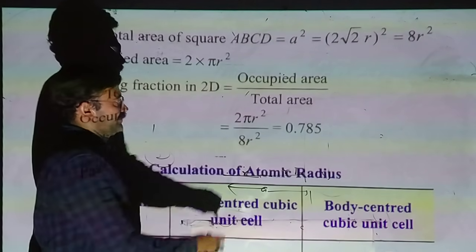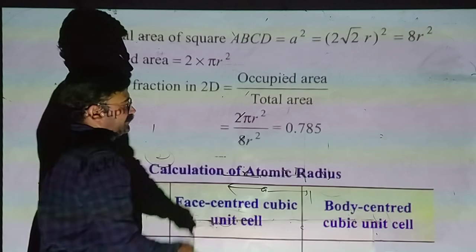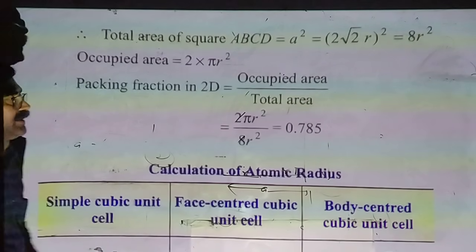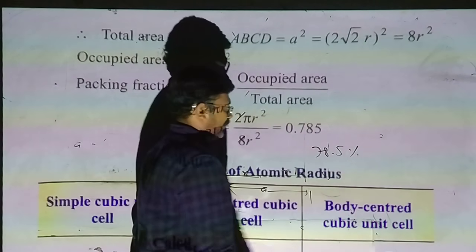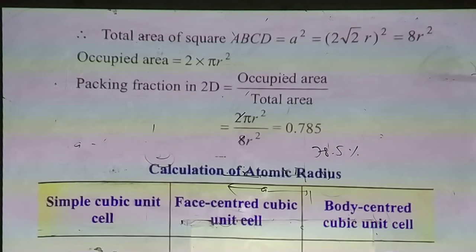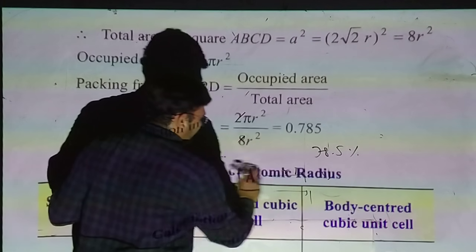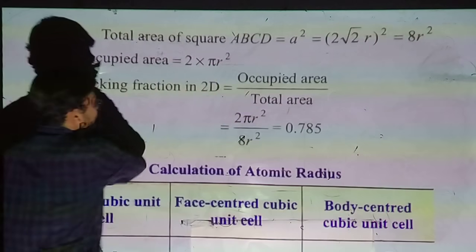R square cuts, pi by 4 is 0.785, multiplied by 100, so it is 78.5%. This is the packing efficiency in 2D, not in 3D.